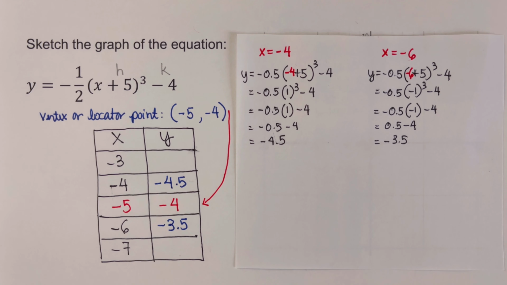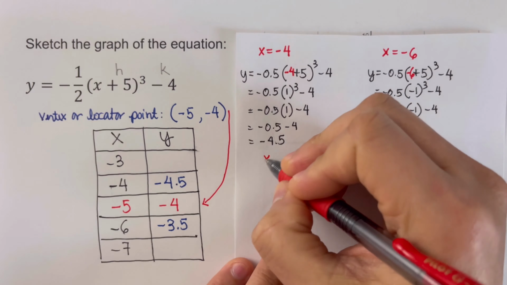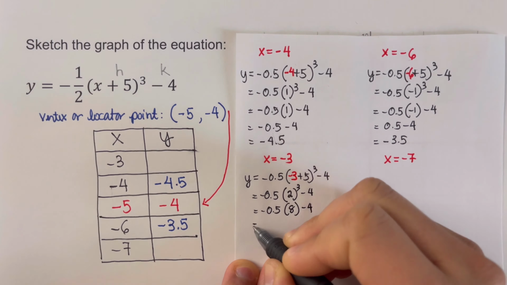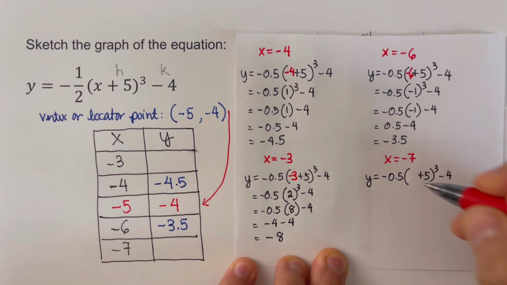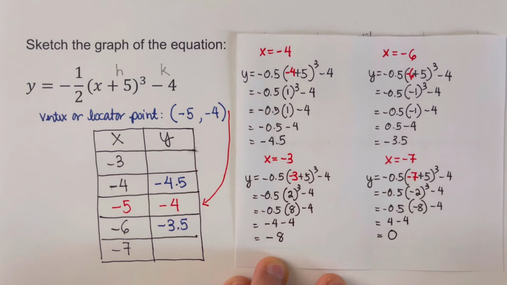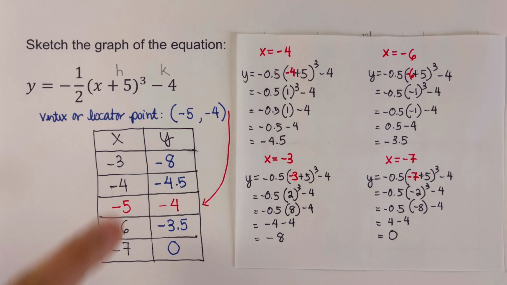Now we are going to determine the value for y when x is negative 3 and x is negative 7. And I'm going to show the work down here. Okay, so these are the values for the table that we have right here.